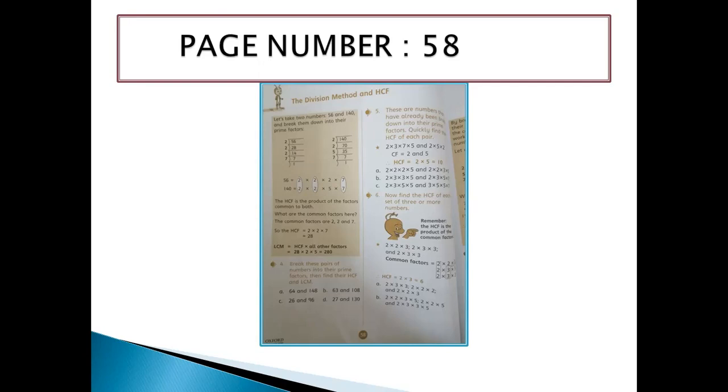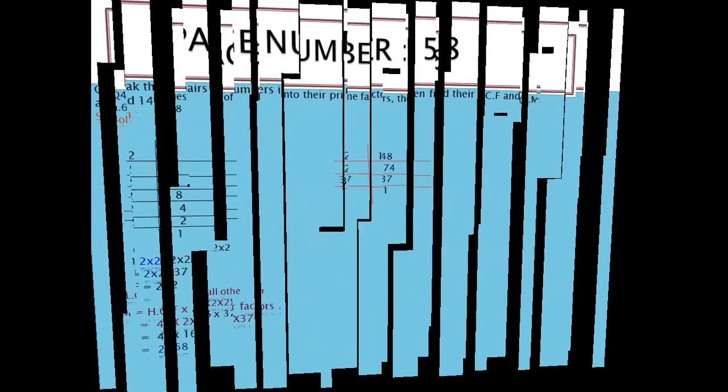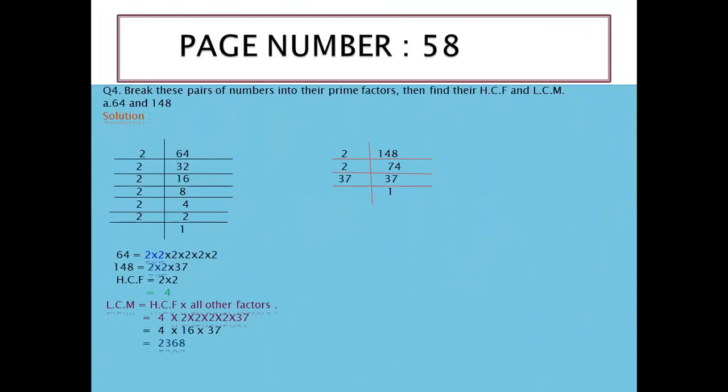Question number 4 is: break these pairs of numbers into their prime factors, then find their HCF and LCM. Again, this question is the same as question number 1 on page 57, that division method and prime factors. But in this question, we also calculate the HCF and LCM both.